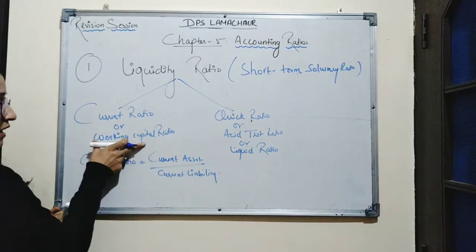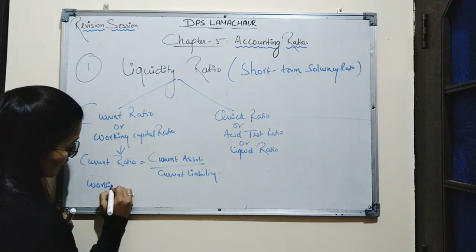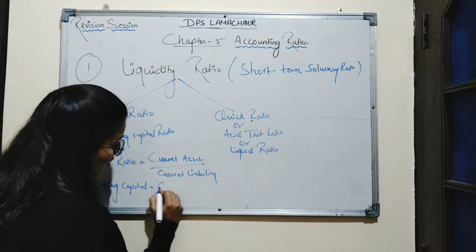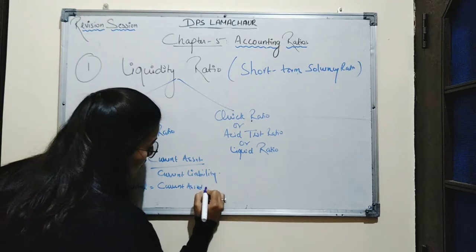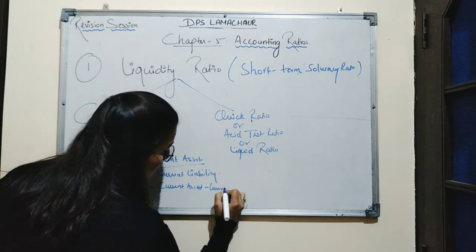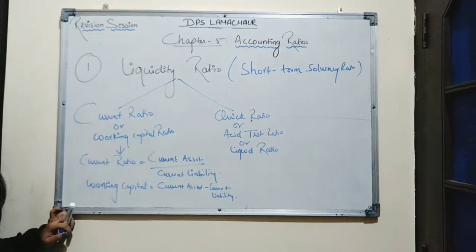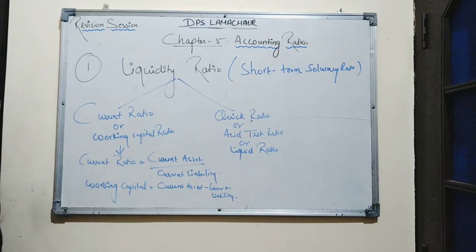And also if we have to calculate working capital, it can be calculated as current asset minus current liability. So this is how we calculate current ratio or working capital.